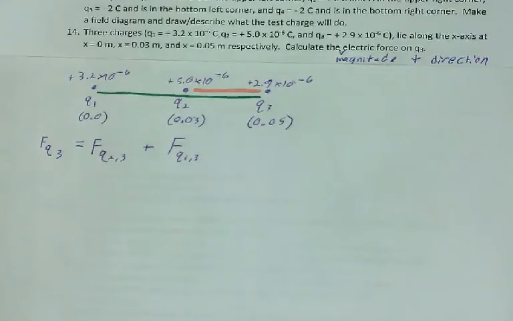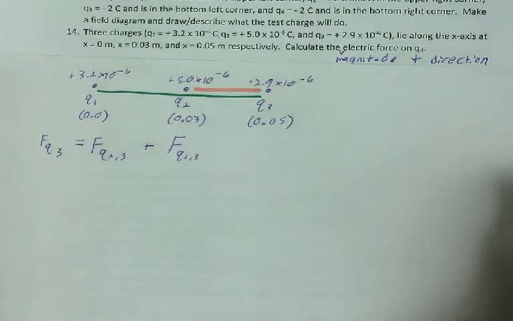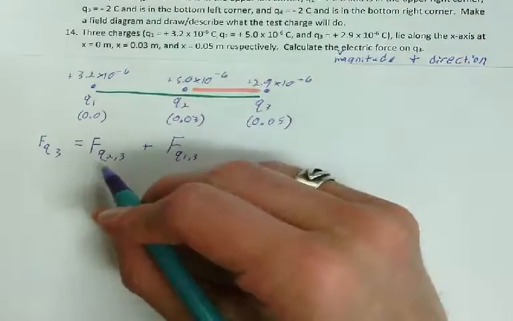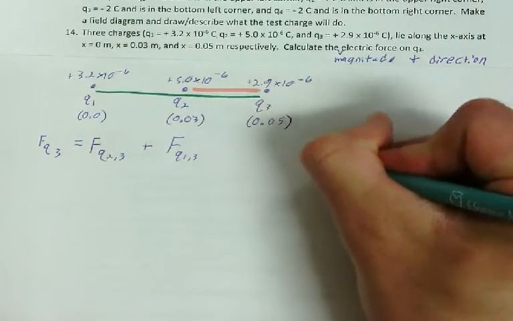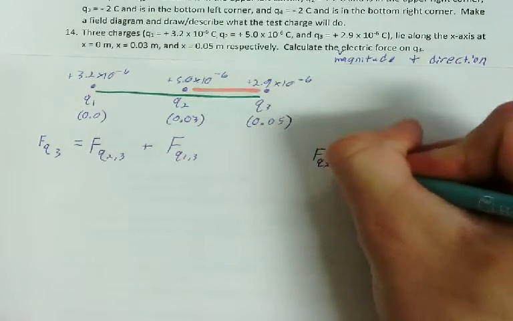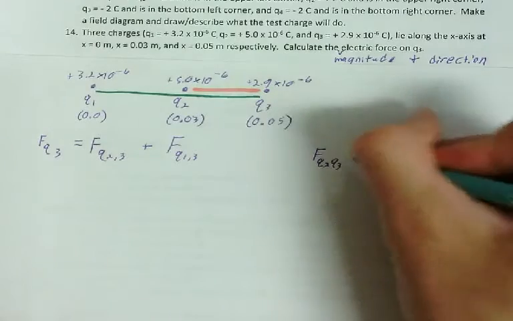So far, so good. Once we've got that part, then we need to find these actual values. So we need to find what F Q2 Q3 is, F23, however you want to write it.